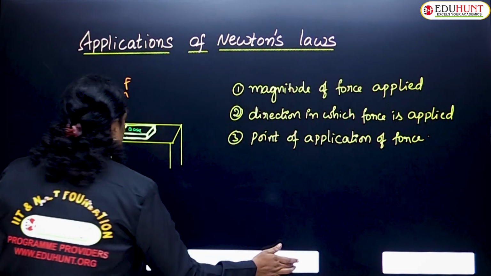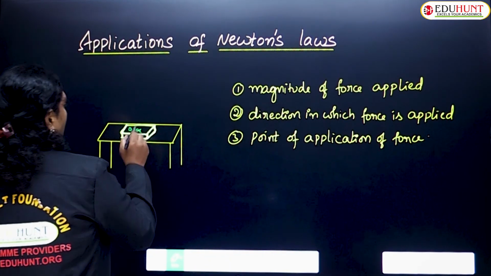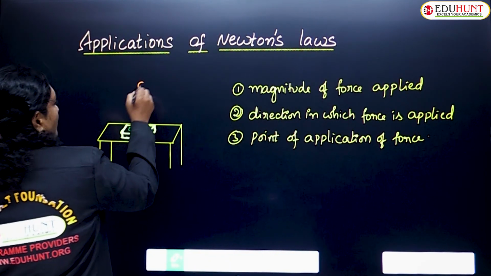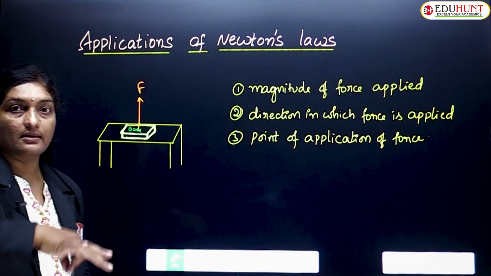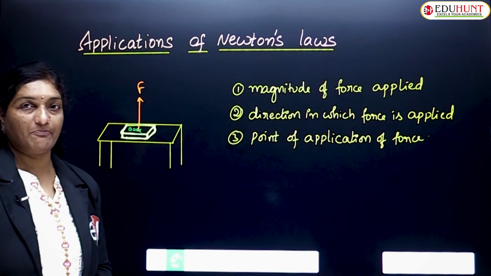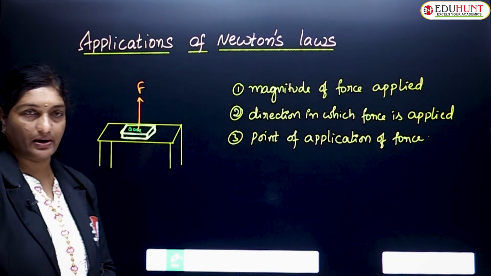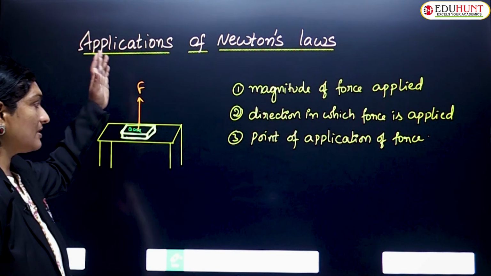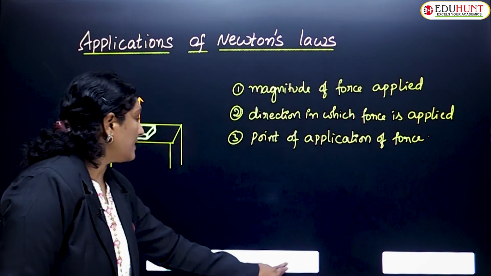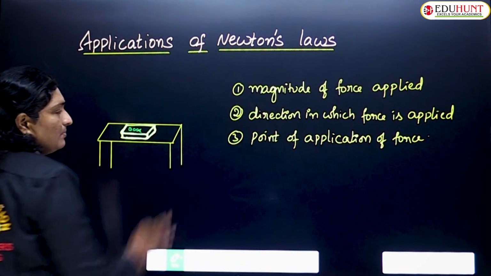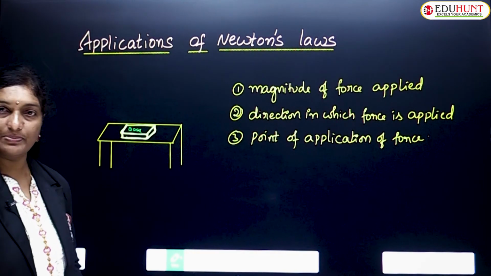And if the same force is applied at the midpoint of the book, then the book will be directly lifted upwards without tilting. So we have observed three possibilities so far. First one, without the help of a string, direct application of force on the book. That is the direct method of application of force.